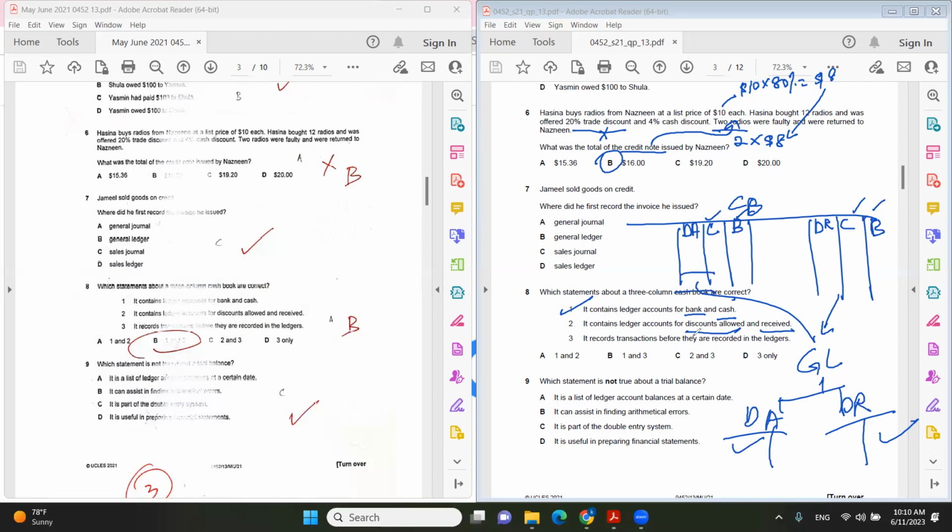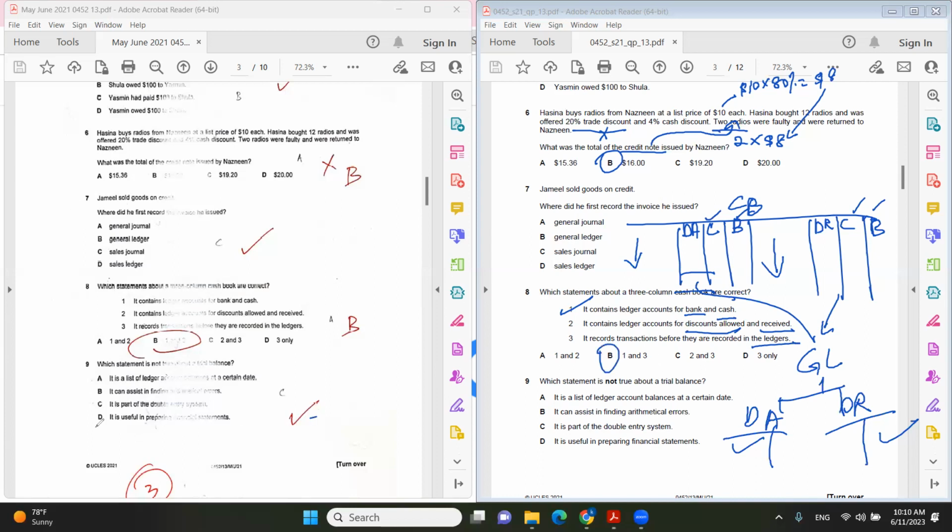It records transactions before they are recorded in the ledger, meaning all these amounts are debited and credited here, and after we record, we go to the other ledgers for recording. Okay, next. This one is correct. So your answer should be B.